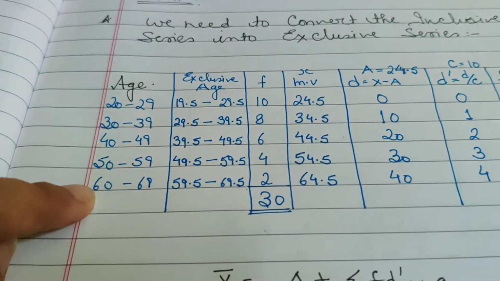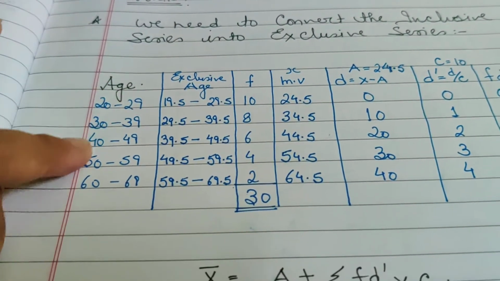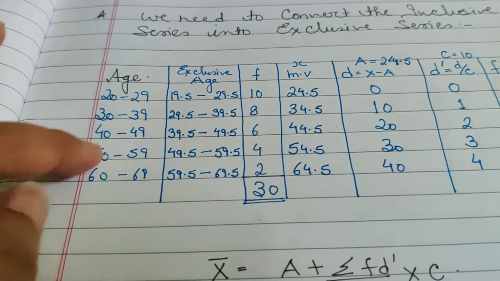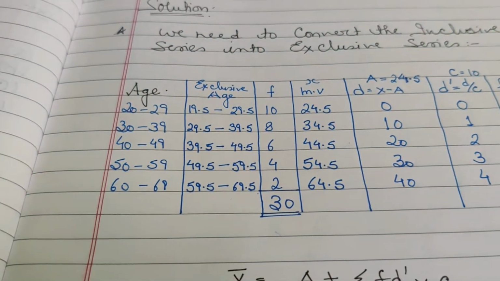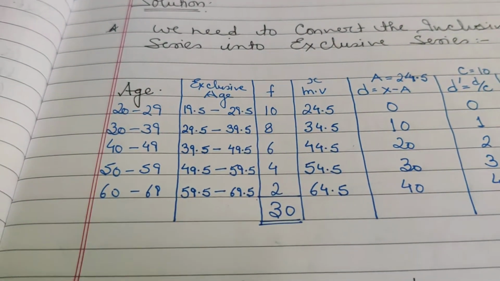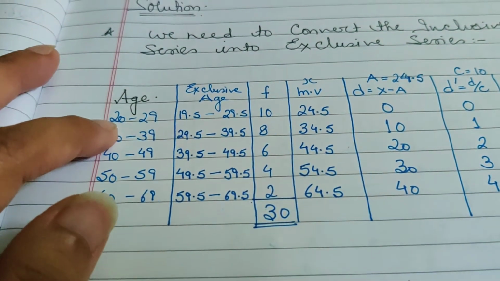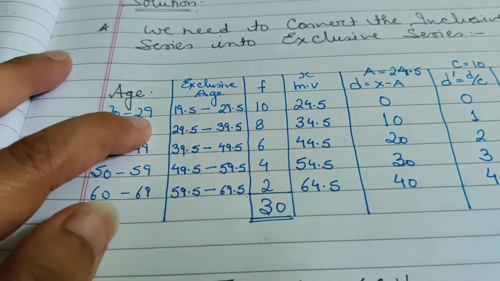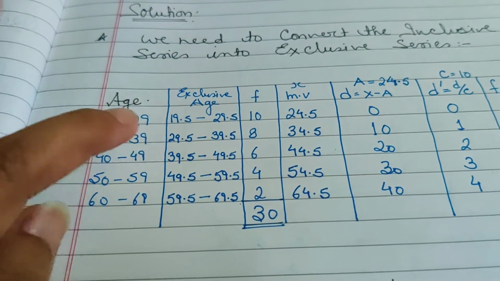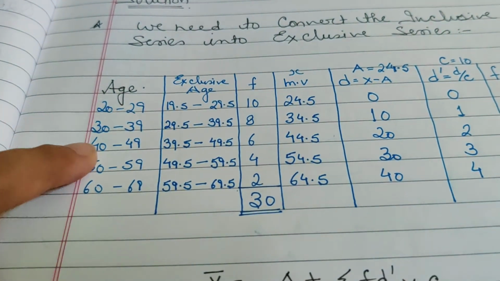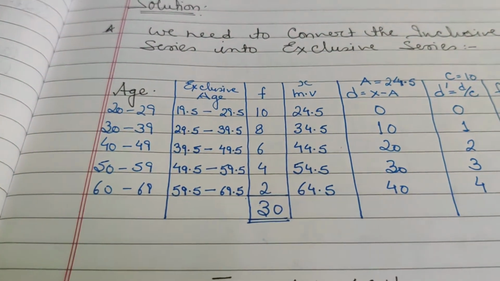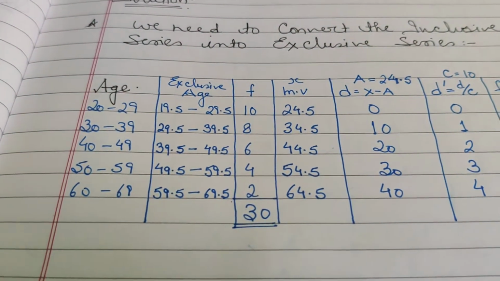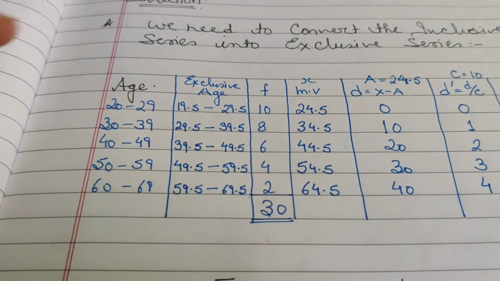From the lower limit of the series, 0.5 will be subtracted, and in the upper limit of the series, 0.5 will be added. So it will become 19.5 to 29.5, 29.5 to 39.5, 39.5 to 49.5, 49.5 to 59.5, 59.5 to 69.5.